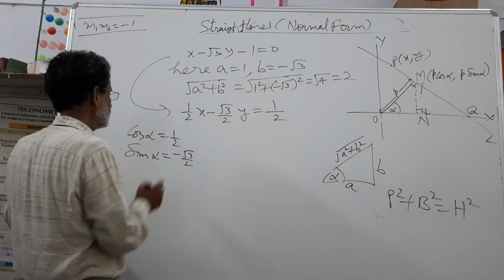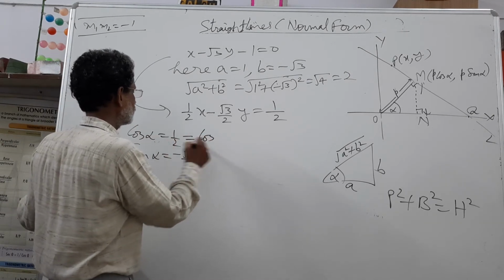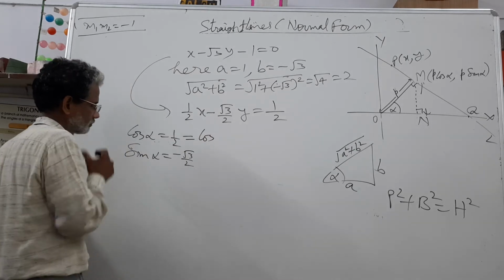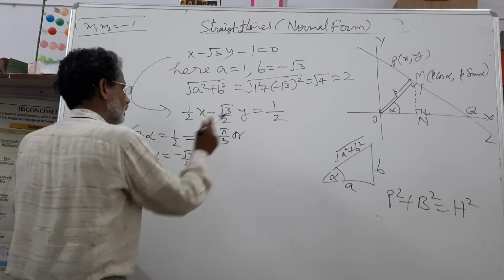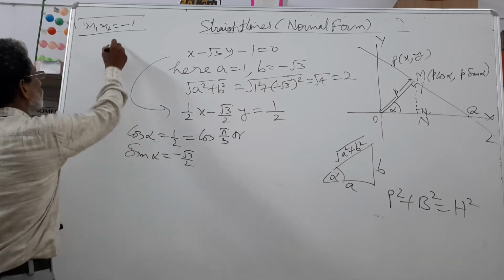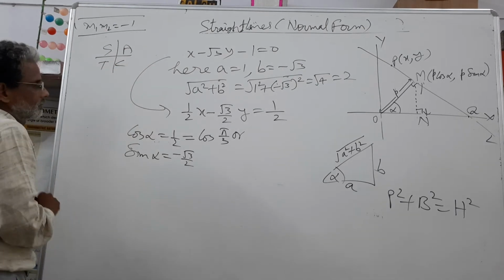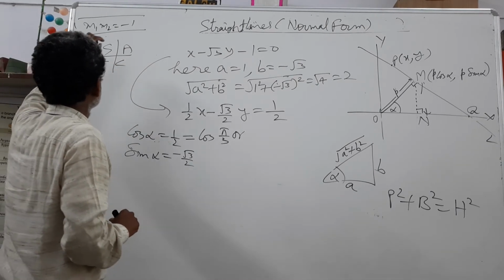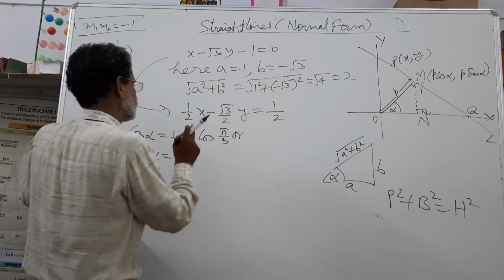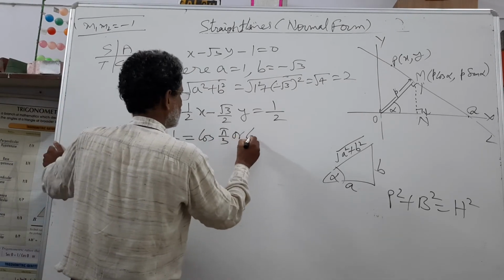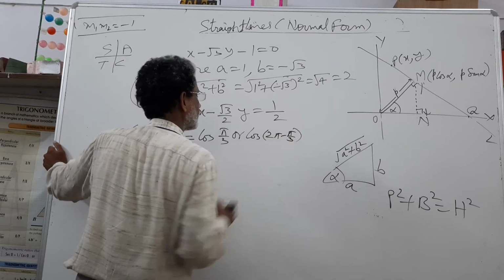Now cos alpha is equal to half becomes cos of what? Pi by 3. From ASTC, cos is positive in first and fourth quadrants. So cos pi by 3, or cos of 2 pi minus pi by 3.